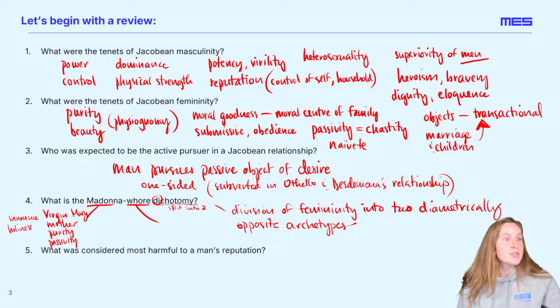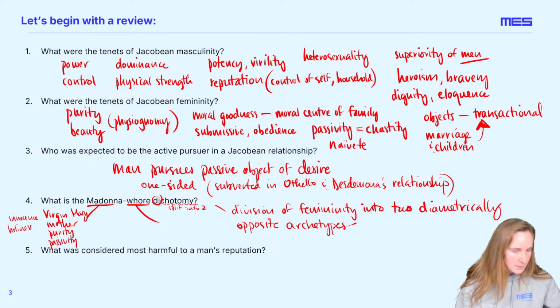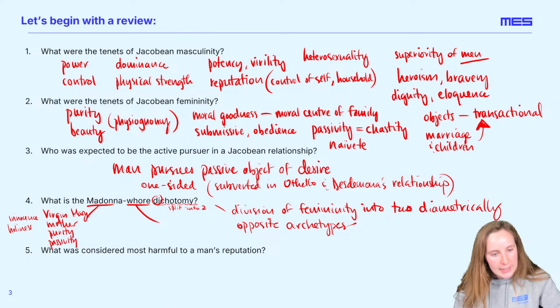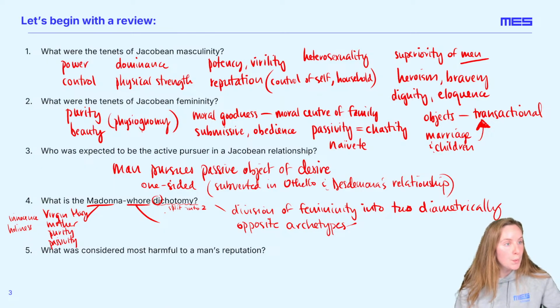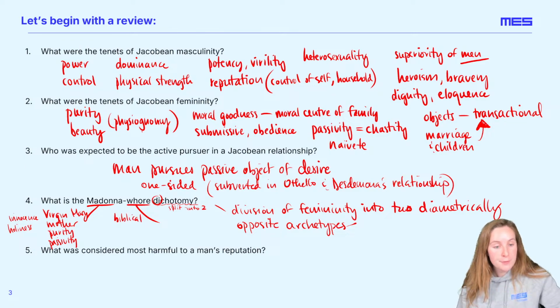We have images of white attached to her as in innocence and purity. We have even Othello idealizing her, describing her in terms of a statue, describing her as this kind of angelic cherubim there. And then here we have the whore, who is this biblical Eve figure.